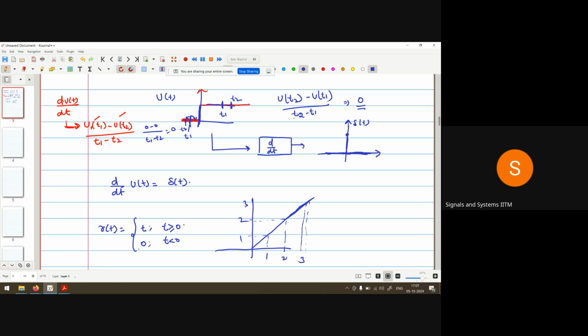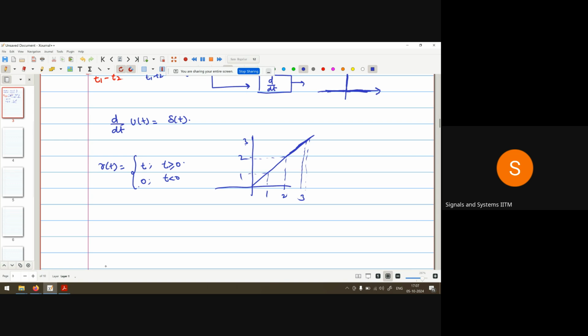Okay. Now again, if I take the differentiation of this one, del of r of t upon dt. So can I put r at t equal to 2 minus r at t equal to 1 upon time period 2 minus 1?